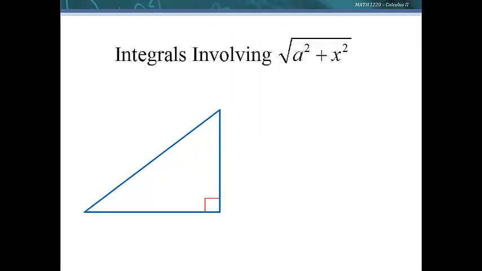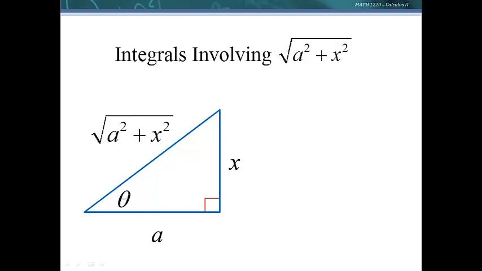If we have an integral involving a square root of a squared plus x squared, if we labeled the sides of this triangle a and x, and we did the Pythagorean theorem, then we could see that the hypotenuse would be the square root of a squared plus x squared.